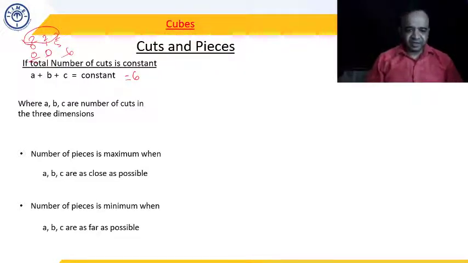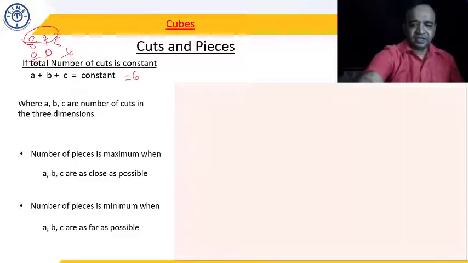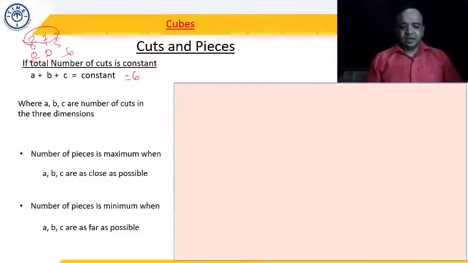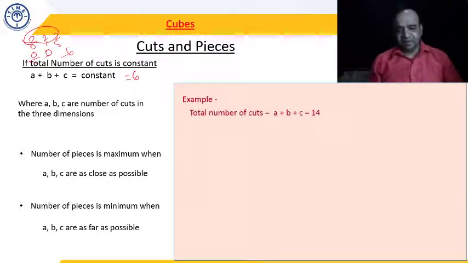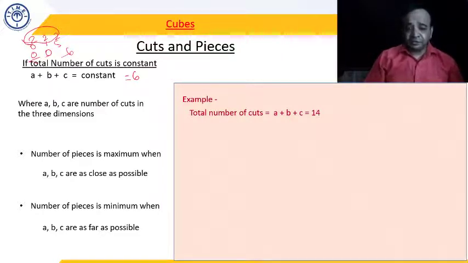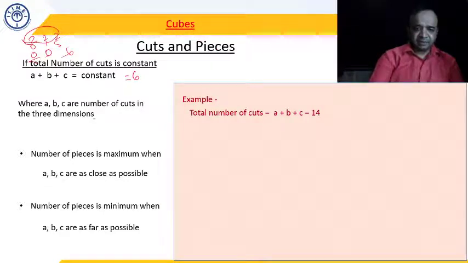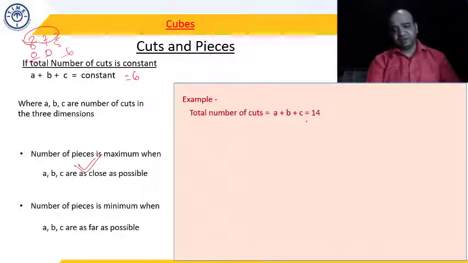I'm just trying to explain with one more example. Let's take total number of cuts, suppose 14. It means A plus B plus C is equal to 14. What is the way to find the maximum number of pieces? The conclusion is that A, B, C should be as close as possible. How to obtain that? Divide 14 by 3, the quotient will be 4.